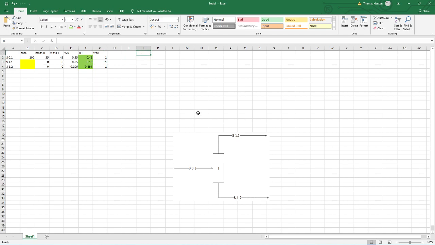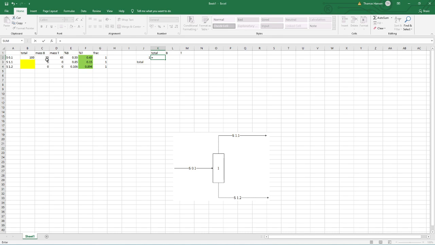In this case, again, it's fairly simple because it is a small system, but we can set up a total mass balance, a benzene mass balance, and a toluene mass balance. We can set up a balance for our first unit operation and for our entire system. Now, if we start out with our total mass, we look at our drawing and we say, well, what enters our first unit operation?